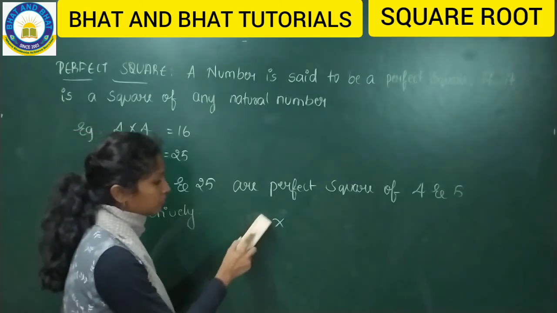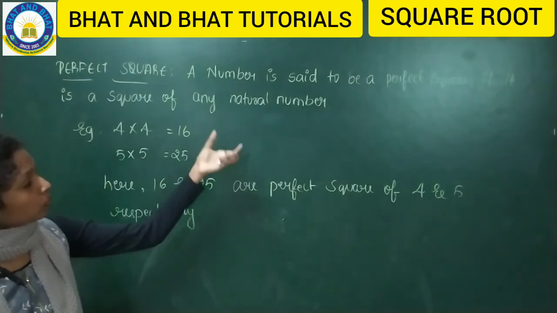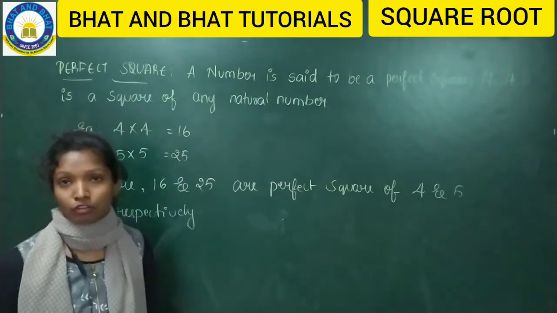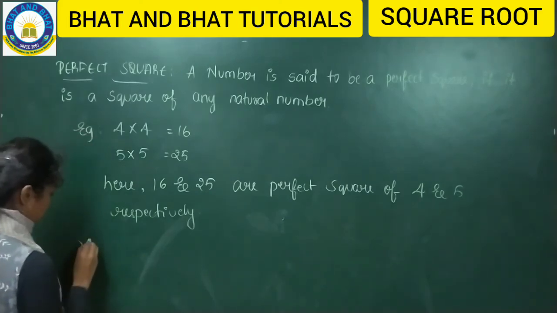Now you can copy down, and if you want, you can take down the meaning of natural number.